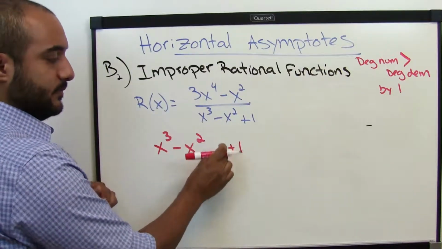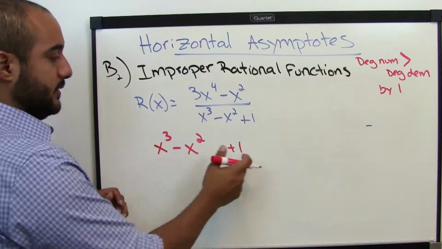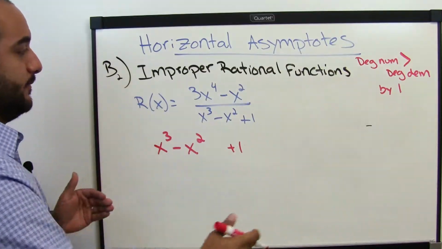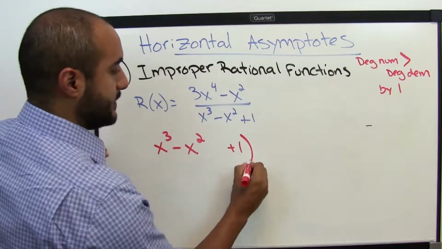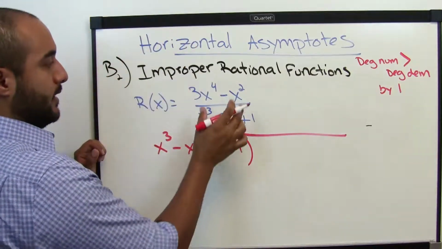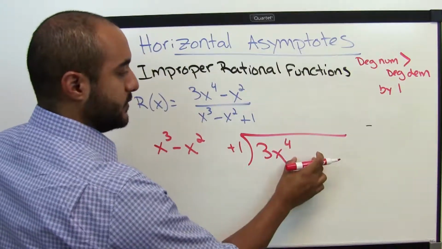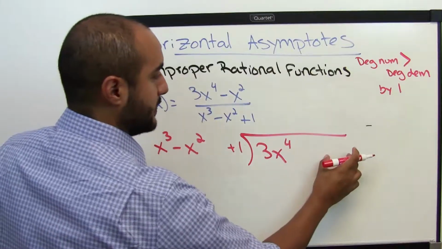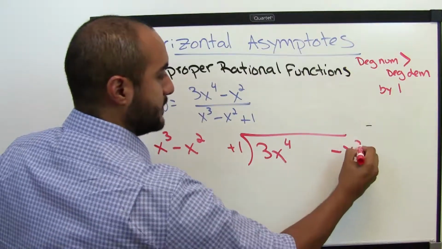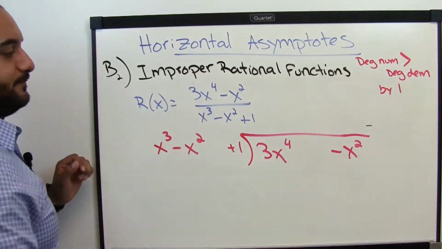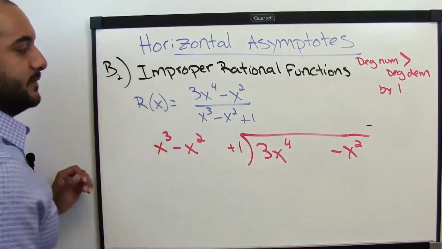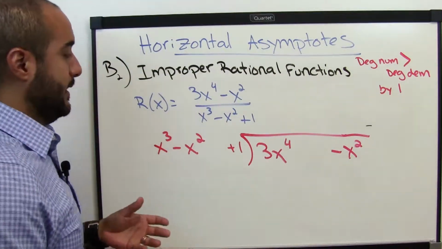Because there's nothing here. I like to write them in descending degrees. Okay, and that gets to, I'm going to write 3x to the fourth. There's nothing to the third, so I'm going to leave a space, minus x squared. So I left my space there. It's what I'm used to.